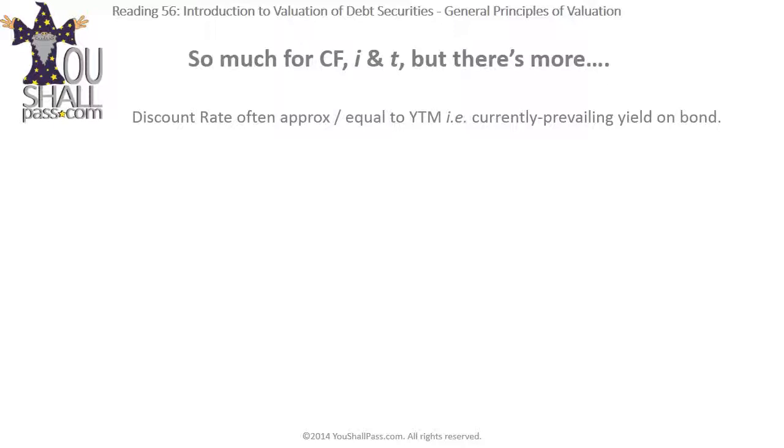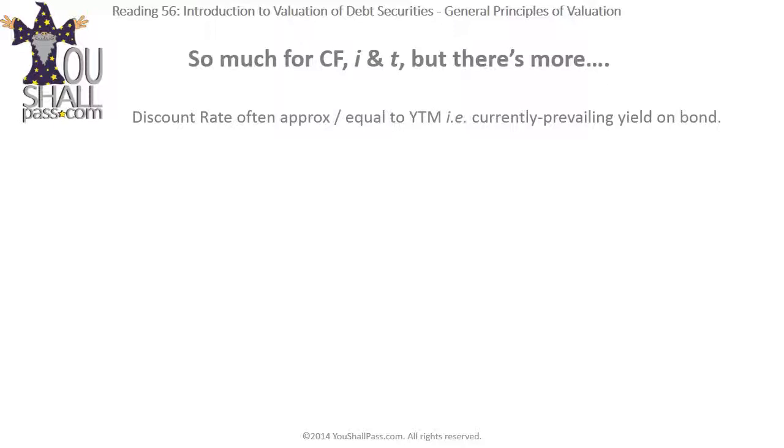So the YTM that you are being offered on a bond, it's likely that it's incorporated all the risks that we just discussed. So in most cases, the appropriate discount rate which should be used to value a bond would be the prevailing yield on the bond.